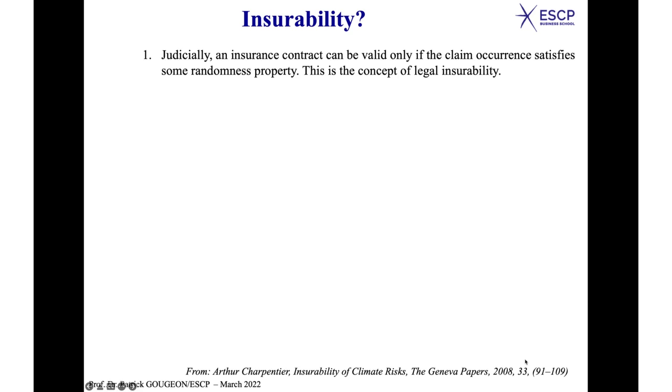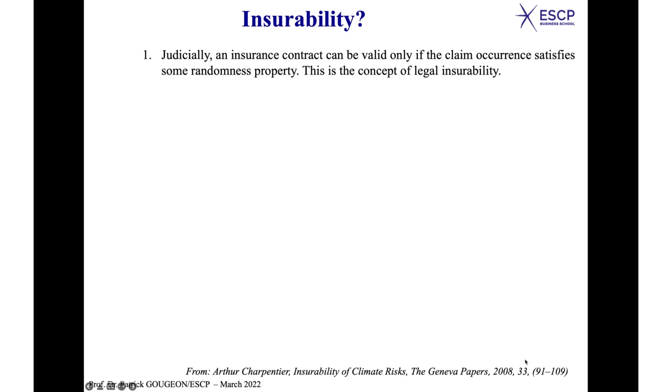But you cannot insure this risk, because it wouldn't be legally acceptable, first of all, and also, why should you drive carefully if you don't fear having to pay a fine because the insurer will pay for it?